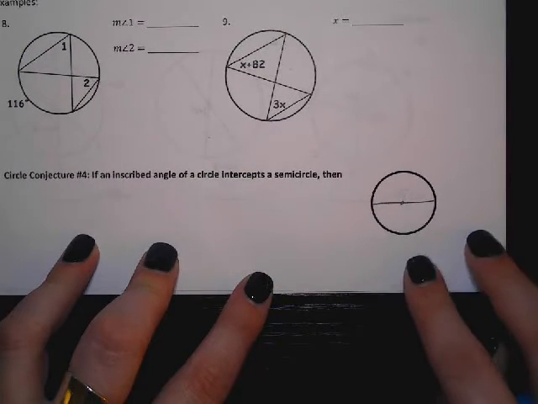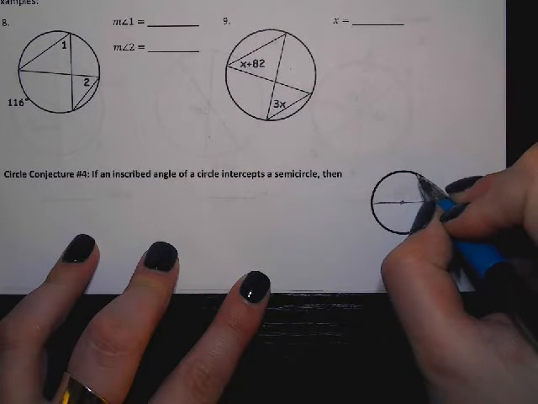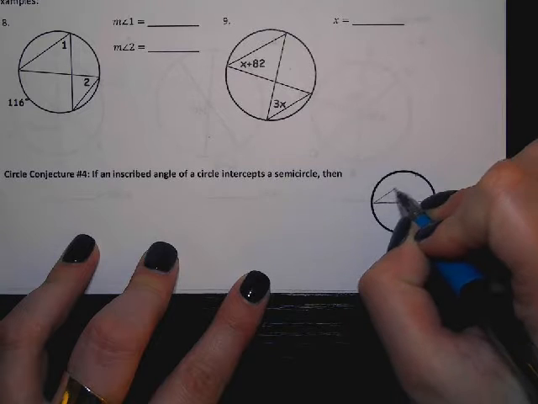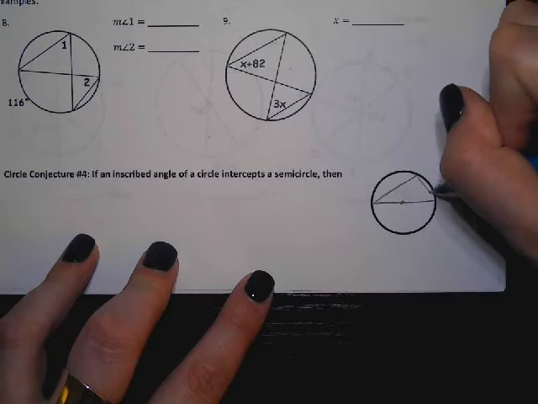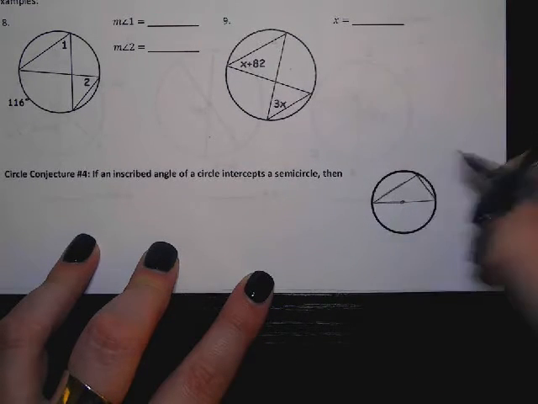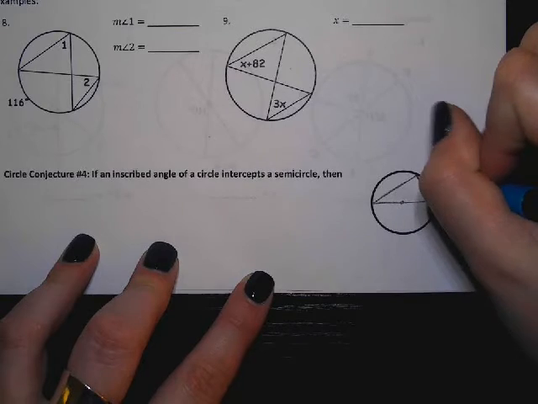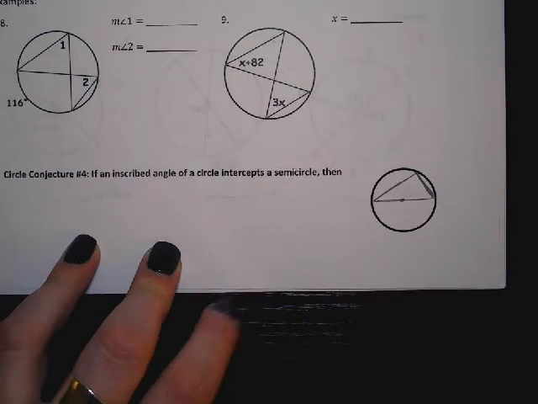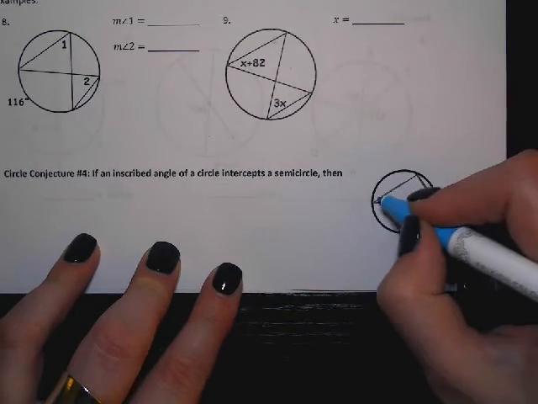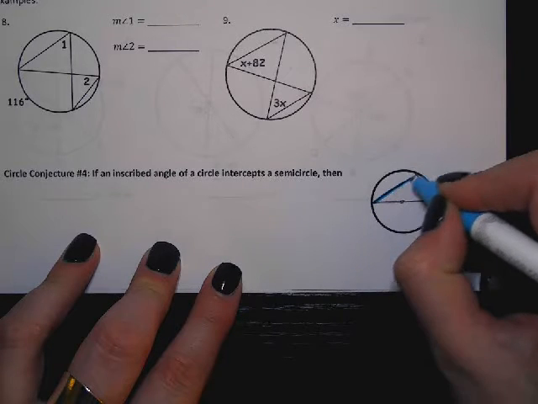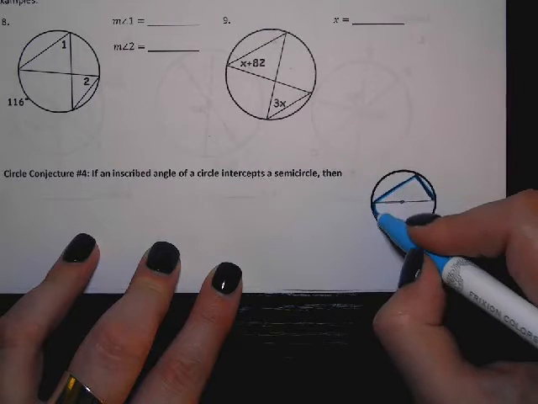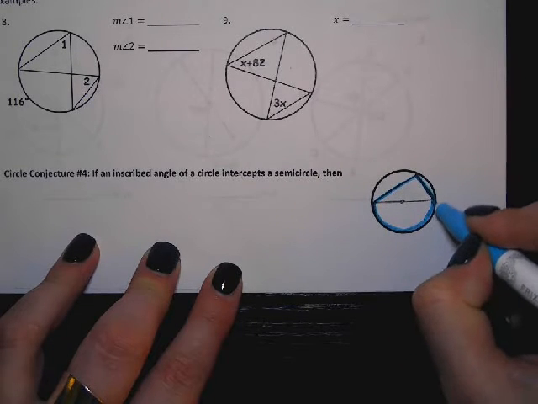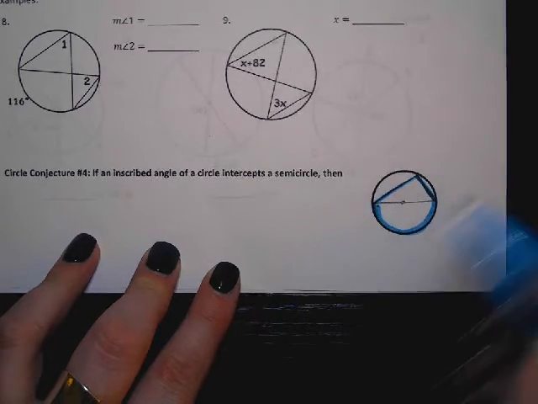I'm going to make an inscribed angle so that the angle touches the edges of the diameter. So there's my angle. It touches the edges of the diameter. If I trace this, my inscribed angle has an intercepted arc that is a semicircle, which is another way of saying half of the circle.